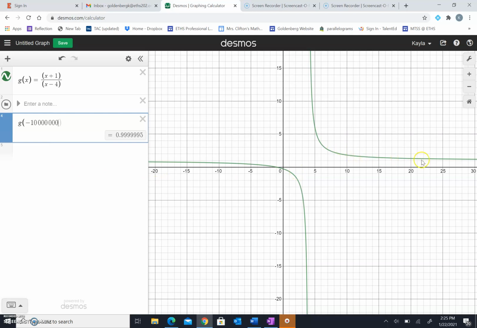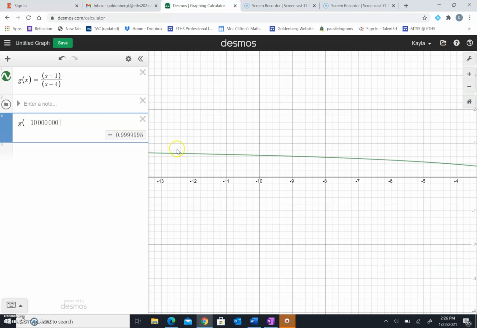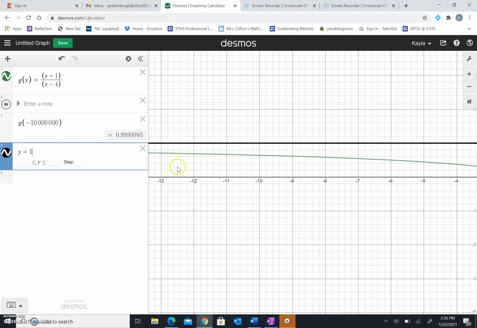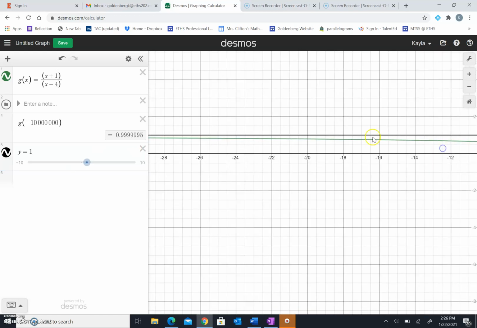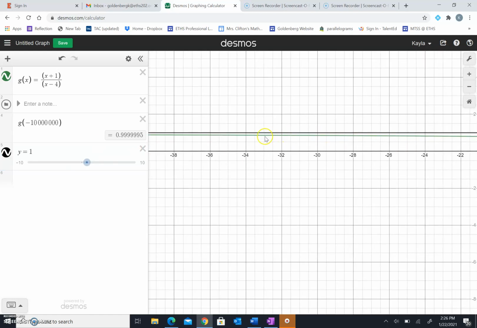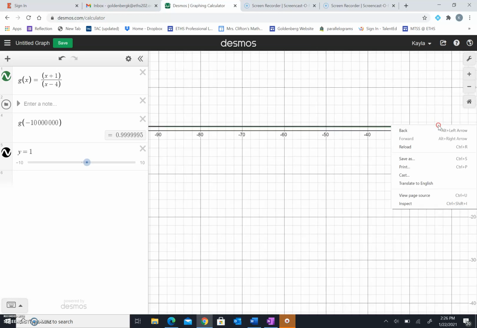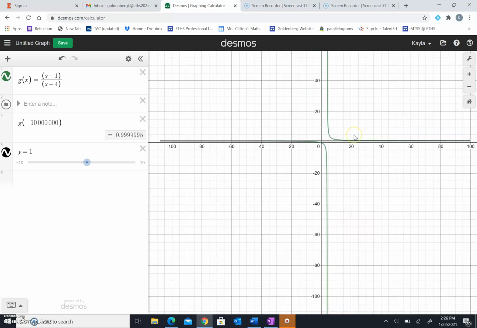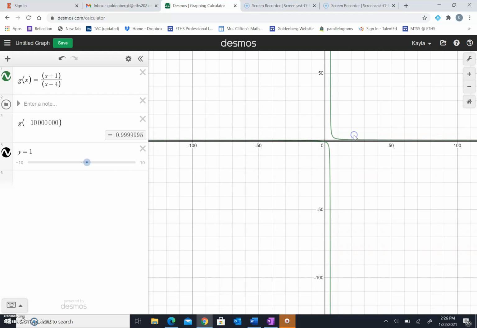Notice if you look at the far right side and the far left side of this graph, if I zoom in, this is the line, I'll graph the line y = 1 just so we can have that placeholder. Notice as I move, it's getting closer and closer, kind of hugging that line. So we want to think about the horizontal asymptote as a trend line.